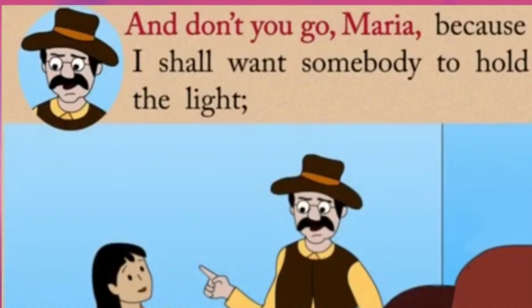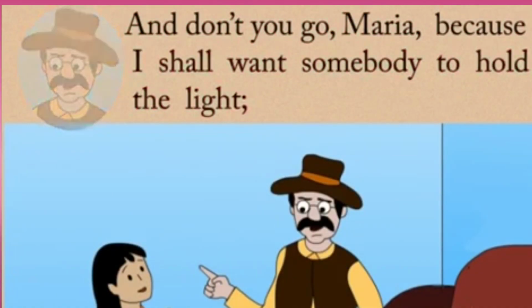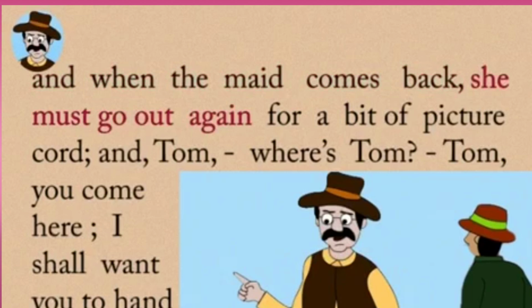And don't you go, Maria, because I shall want somebody to hold the light, and when the maid comes back, she must go out again for a bit of picture cord. And Tom, where's Tom? Tom, you come here. I shall want you to hand me up the picture."